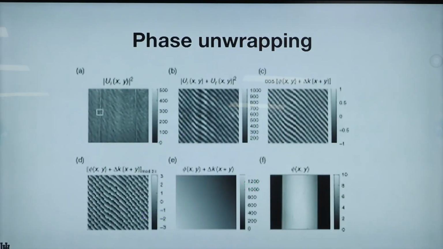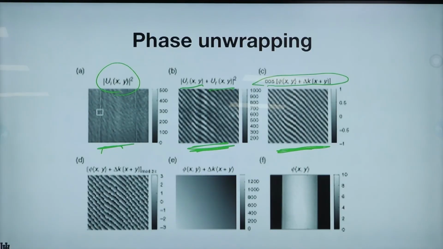To show you graphically what it looks like, this is the intensity if you didn't use quantitative phase imaging. Let's say the data looks something like this. When you take this intensity and add the reference, what you record on the detector, the camera sensor, looks something like this. Then you take the cosine part, and after doing some calculations, it looks something like this.